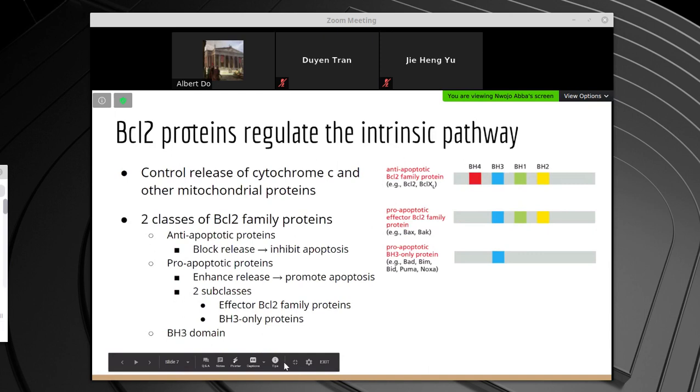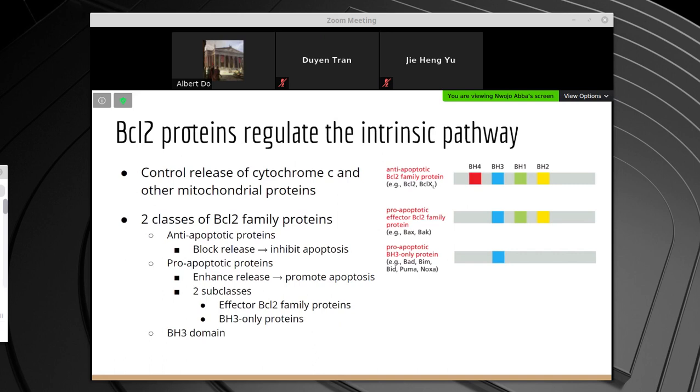The intrinsic pathway is regulated by BCL2 family proteins. They control the release of cytochrome C and other mitochondrial proteins into the cytosol. There are two classes: anti-apoptotic proteins, which inhibit apoptosis by blocking release, and pro-apoptotic proteins, which promote apoptosis by enhancing release.